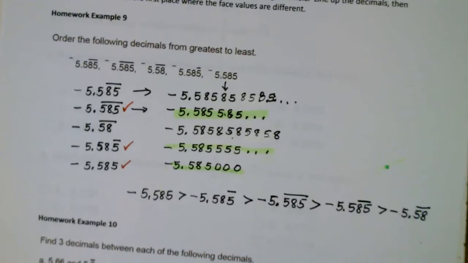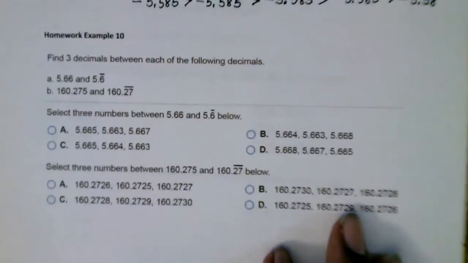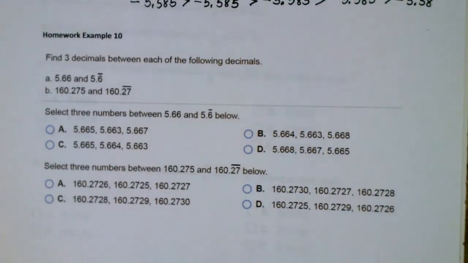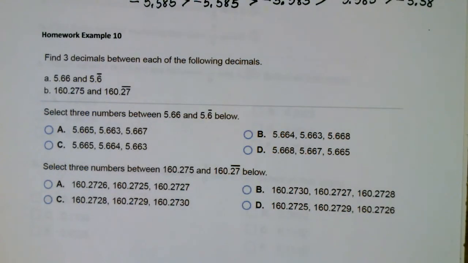Next, we'll look at another example. Here, you'll be given a choice of answers. You're going to find 3 decimals that are between each of the following decimals. Like in this one, we got 5.66 and 5.6 with the 6 repeat.